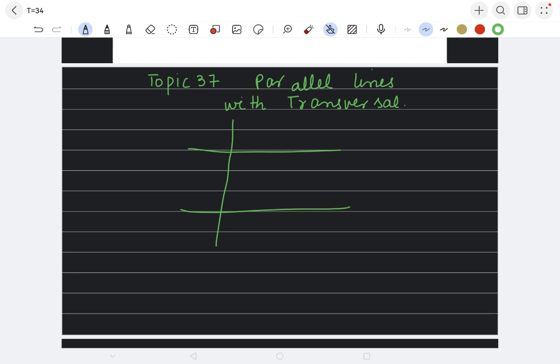Now, this is called a transversal. These are two parallel lines, and this is called a transversal. Now we can give different names to the angles, like 1, 2, this is 3, this is 4, this is 5, this one is 6, this one is 7, and this one is 8.